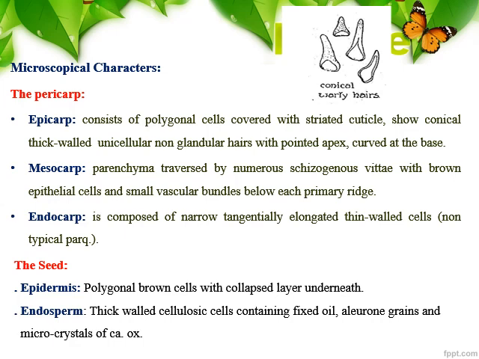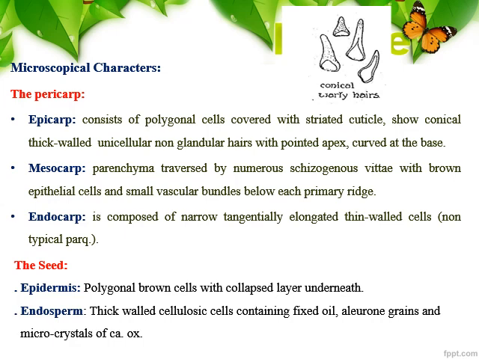The endocarp is composed of narrow, tangentially elongated, thin-walled cells, giving a non-typical parquetry structure. The typical parquetry structure was in fennel due to different orientation of each group of narrow, thin-walled cells or daughter cells. Here we have almost the same direction of the daughter cells, so we have a non-typical parquetry structure.